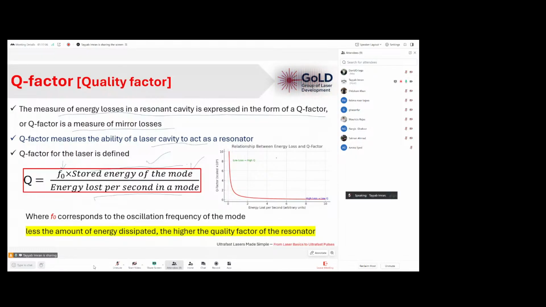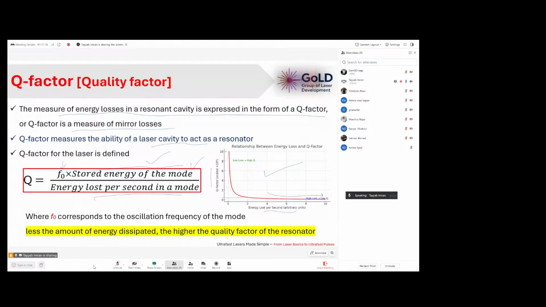And if you see this curve on the right side, it shows energy loss per second on the x-axis and the Q factor on the y-axis. If you move to this side, there are very high losses, and the Q factor value is low.